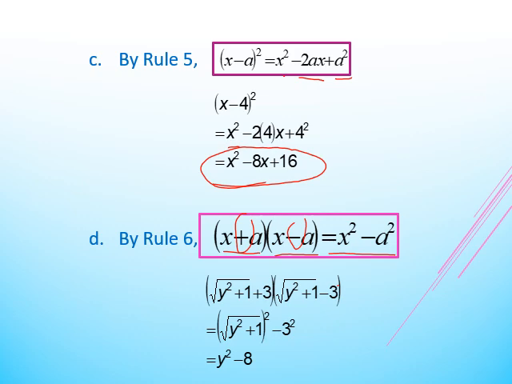Let's take an example including a radical sign. Here we have two brackets. The first term in this bracket is root of y squared plus 1, and the second term is 3. And we have the same bracket but it differs in the sign: root of y squared plus 1 minus 3. The value will be root of y squared plus 1 all squared, depending on this rule, minus 3 squared.